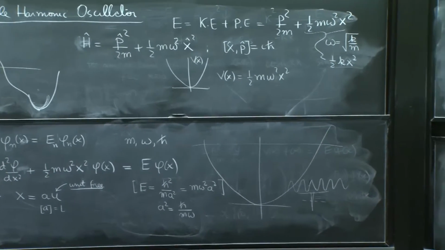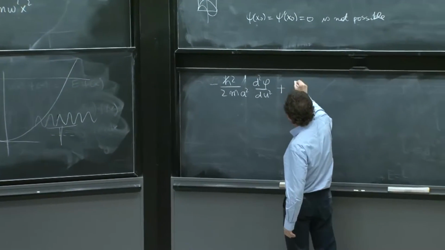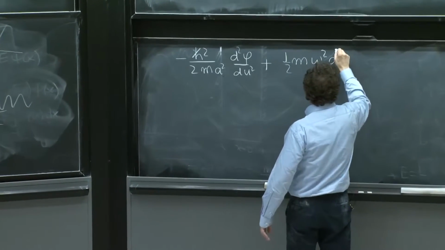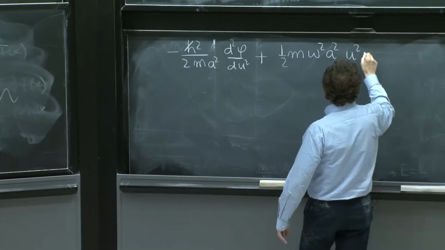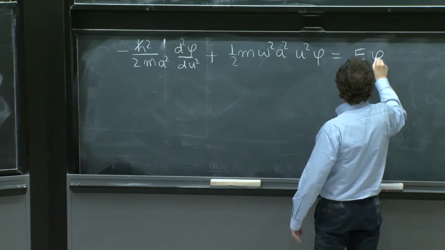X is equal to au, so it basically just shows up here, plus 1/2 m omega squared a squared u squared phi is equal to E phi.